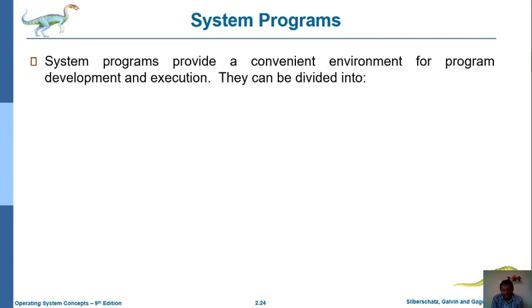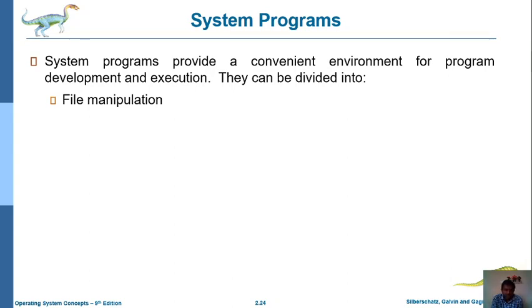That means whenever we want to develop any specific program, or execute any specific program, for the purpose of implementing some specific service, we are using the system programs. These system programs help provide a convenient environment to implement any specific applications.